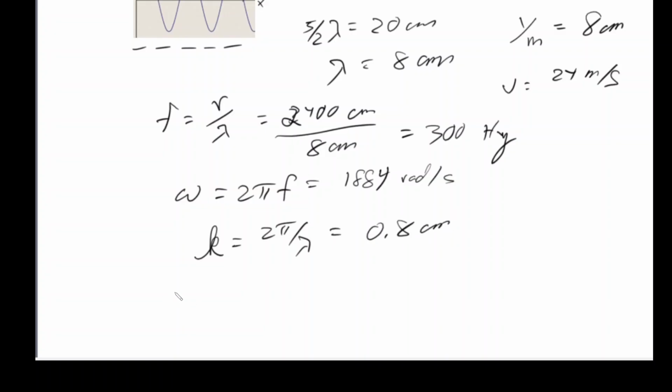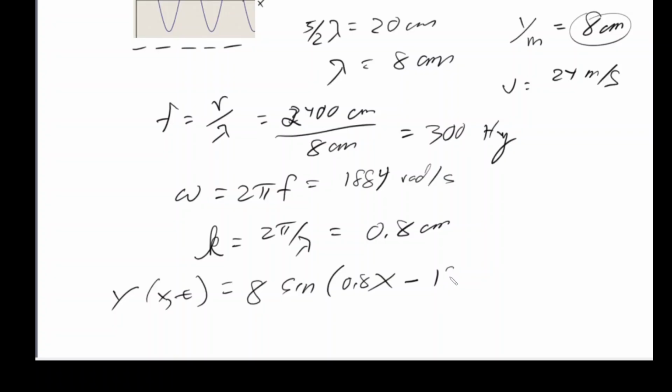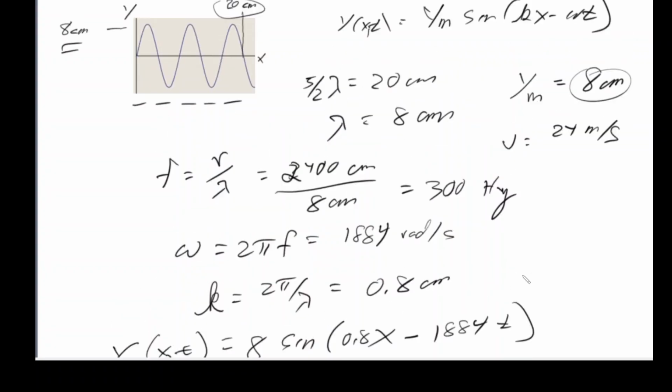Okay, so our wave equation becomes y of x and t is equal to ym, which is 8 centimeters, times the sine of k, which is 0.8 x, minus omega, which is 1884 t. So that's the wave equation for this wave.